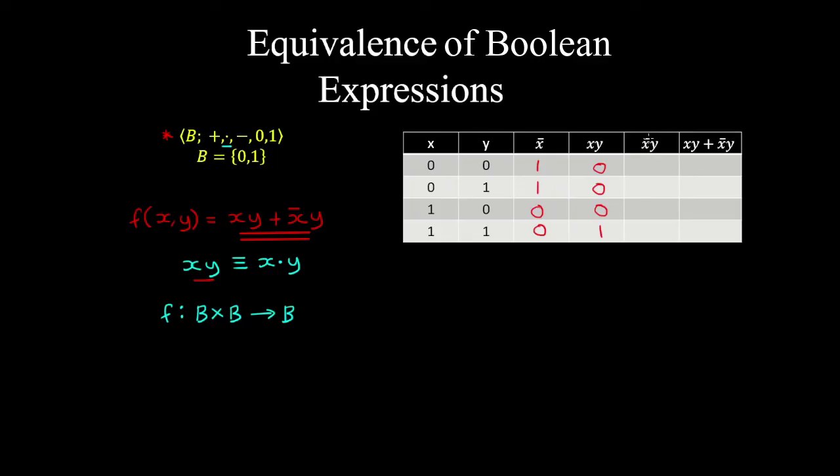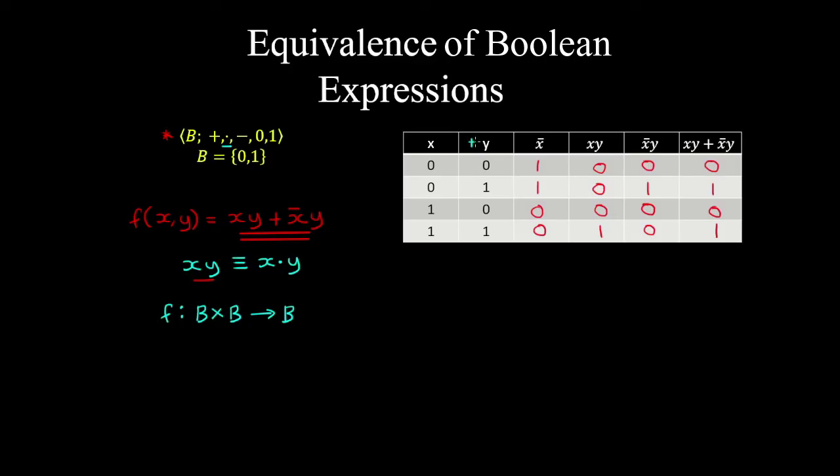And the complement of x and y, so 1 and 0 is 0, 1 and 1 is 1, 0 and 0 is 0, and 0 and 1 is 0. And then we have x and y, or not x and y. So 0 or 0 is 0, 0 or 1 is 1, 0 or 0 is 0, and 1 or 0 is 1.